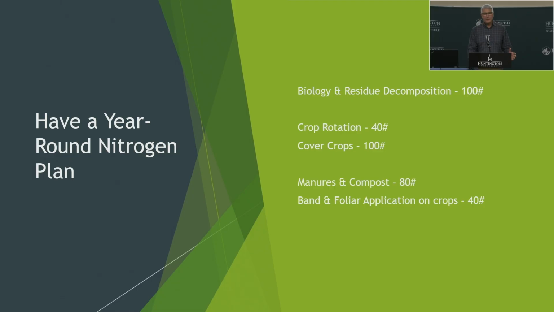Manures or compost, we might get 80 pounds or more, 200, whatever. And then band and foliar applications, 40 pounds. So again, we can't short the crop of nitrogen, but it doesn't all have to be purchased nitrogen. These different management practices contribute to that total that the crop needs.